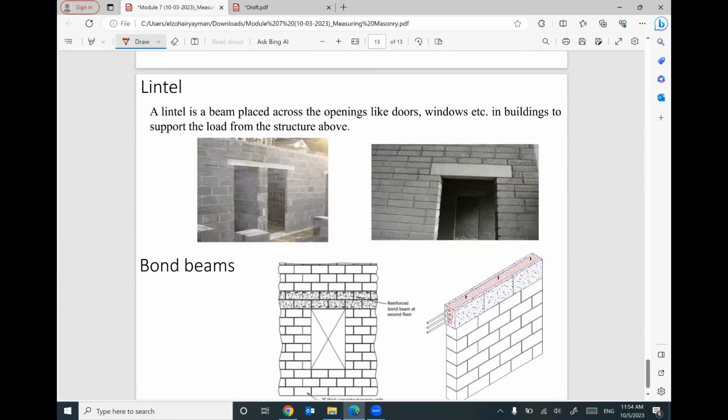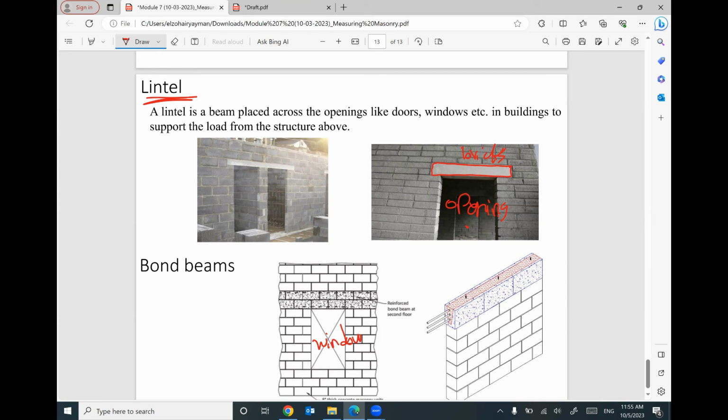Sometimes if you have an opening like a door or window, keep in your mind how to construct the bricks over this opening. We need to put a beam here. In masonry work it is called a lintel. A lintel is a beam placed across an opening like doors, windows, whatever, in a building to support the load from the bricks above this opening.